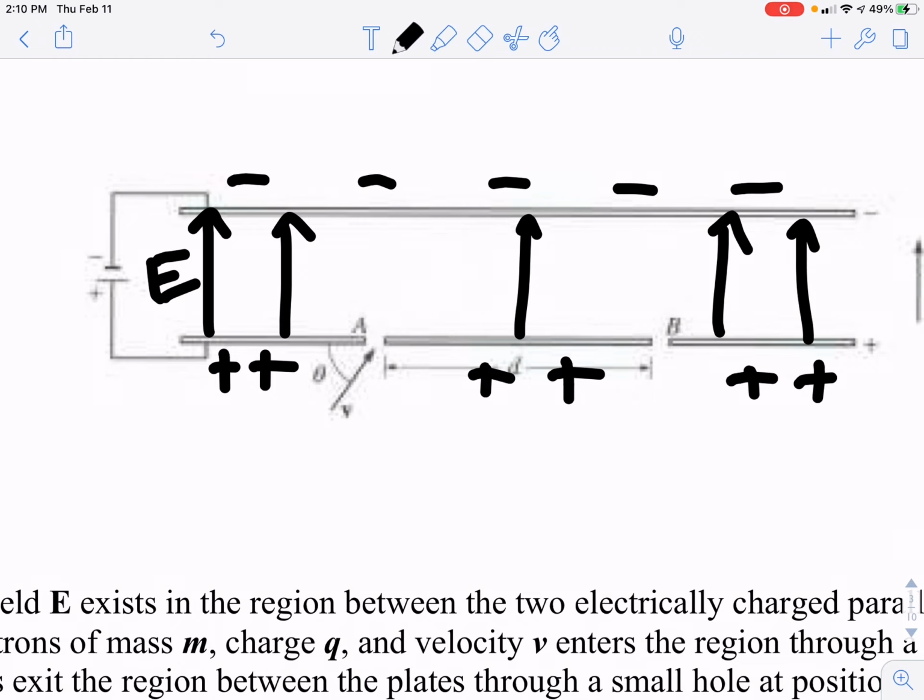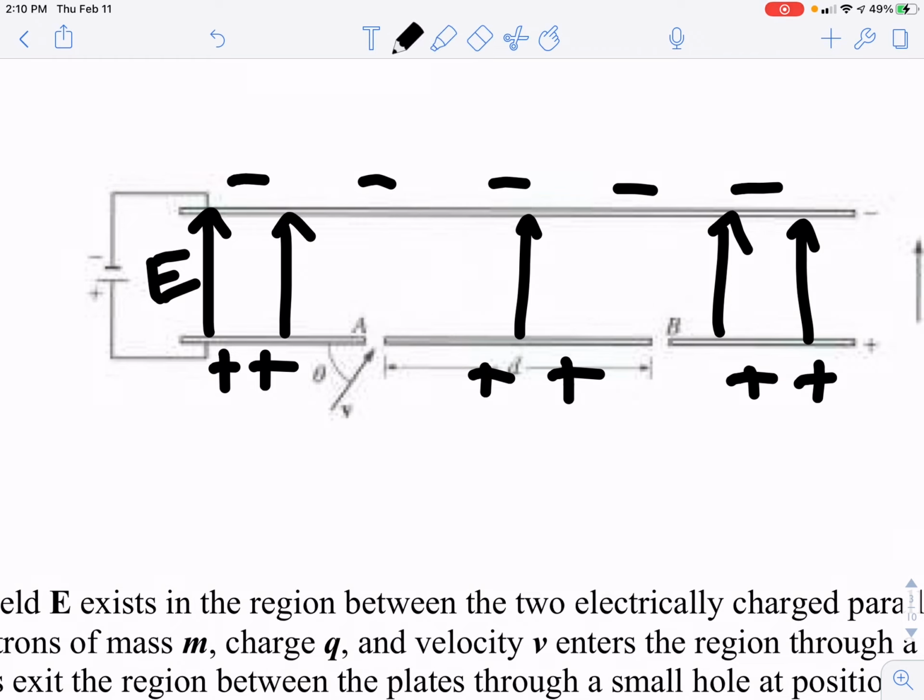This is mirroring that particular trajectory, because the electron is consistently repelled by this and attracted by this. In other words, electrons always go against an electric field. So you're going to see a similar parabolic trajectory, just like you would a ball on Earth.